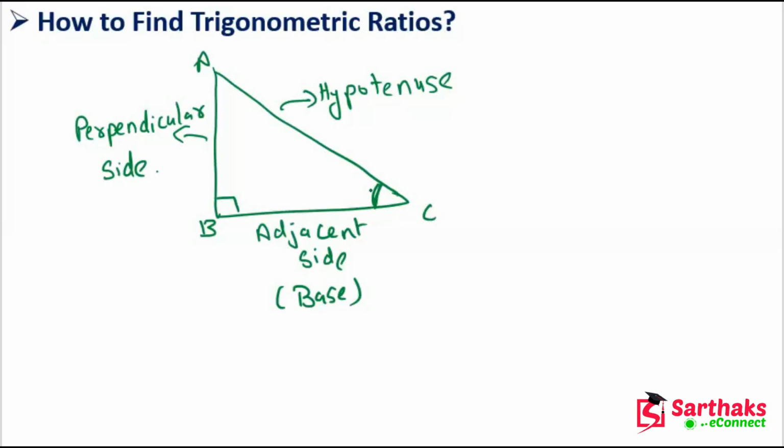The trigonometric ratios are given as follows. First we have the sine ratio. The sine of an angle is defined as the ratio of the side perpendicular to that angle to the hypotenuse.